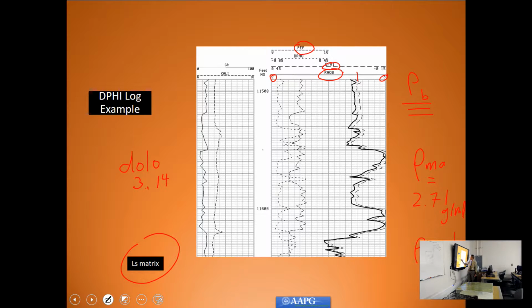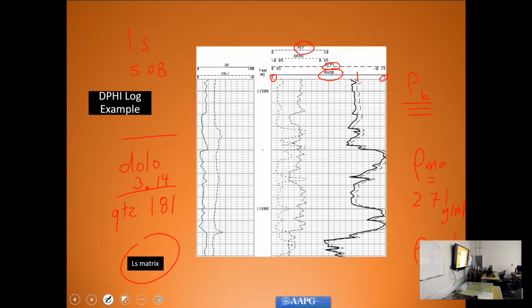Okay, limestone is what? Who had limestone? 5.08. And then what would be the other one? Sandstone or quartz. Somebody had that? Remember it? 1.81. Yeah, 1.81 sounds familiar. So those are your three numbers.